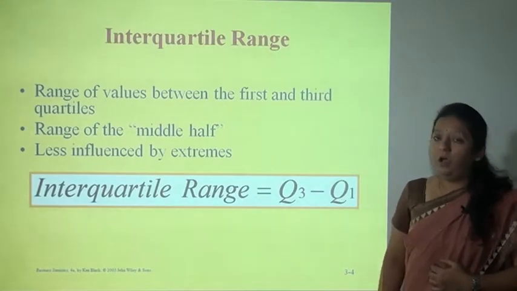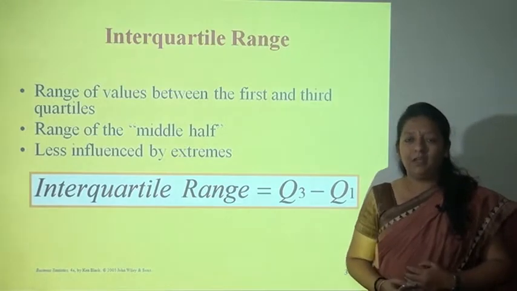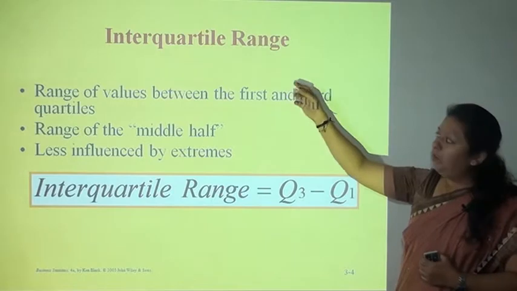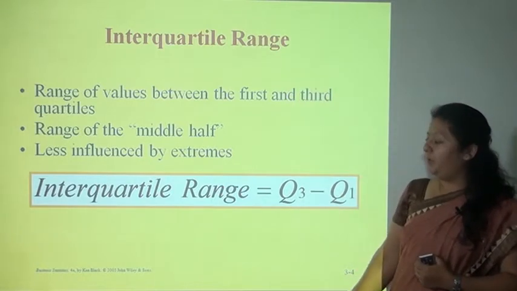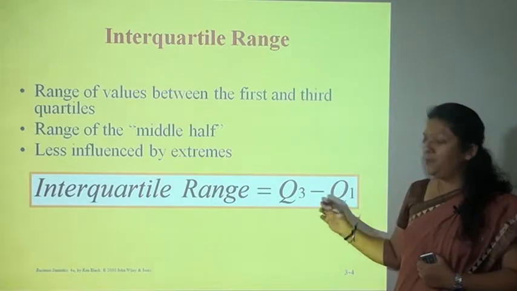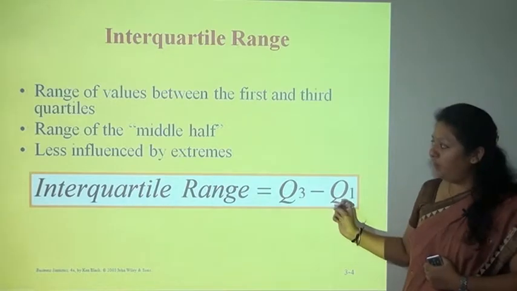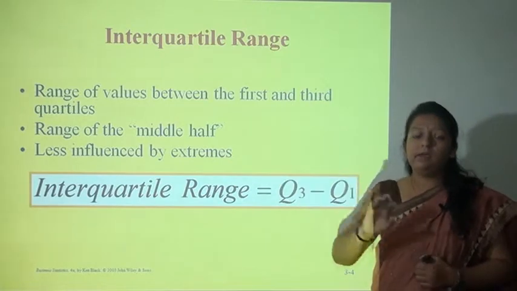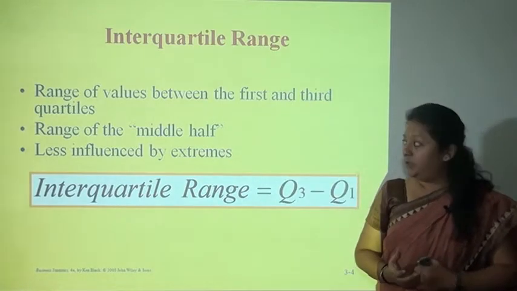Another measure of variability or dispersion is the interquartile range. It can be obtained using the formula Q3 minus Q1. The range of values between the first and third quartile is simply the interquartile range.